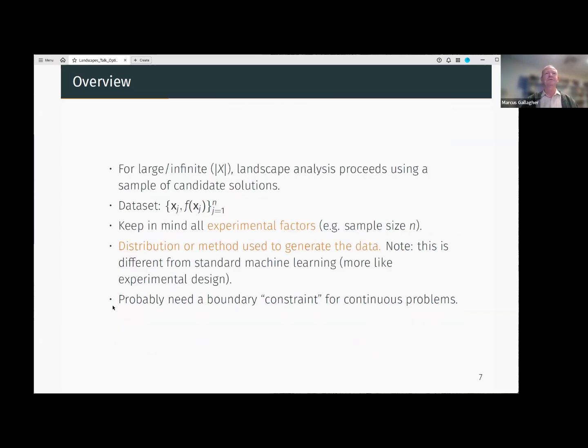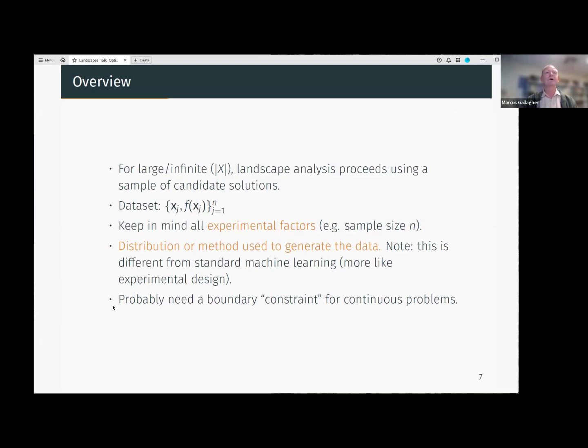All right. So it's possible that you might enumerate small problems to do analysis, but a lot of fitness landscape analysis is about doing sampling, all right? Because we assume the problem search space is large or maybe infinite, and so if we're going to try and learn something about this landscape, it's going to be via data, right?